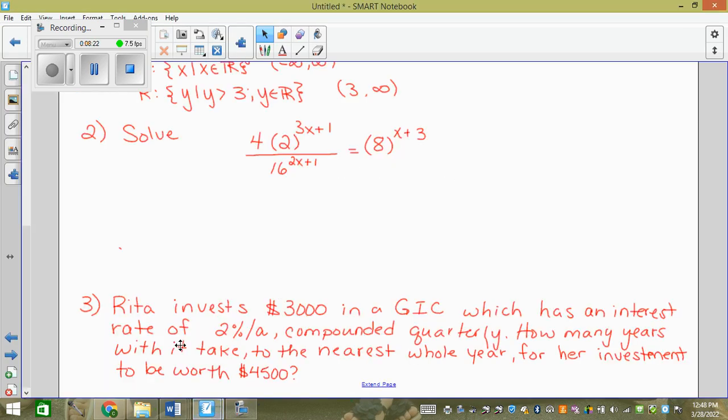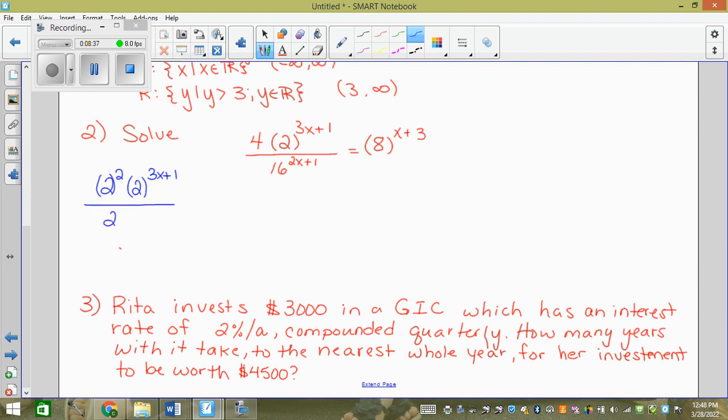So we have the 4 is 2 squared, and that's going to be multiplied by 2 to the 3x plus 1. Over 16 is 2 to the 4 to the 2x plus 1. And then 8 is 2 to the 3 to the x plus 3.